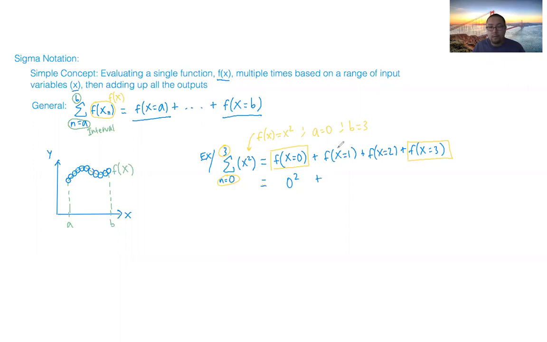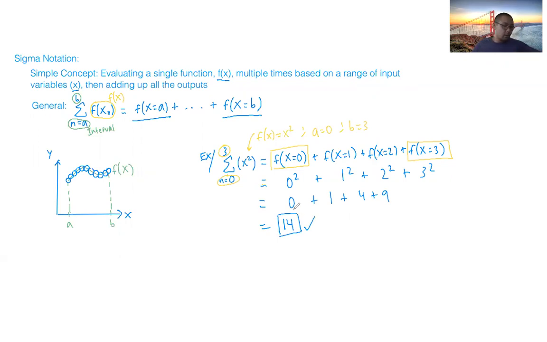Plus, evaluate at 1, so wherever you see an x, put a 1, 1 squared, plus evaluated at 2, 2 squared, plus evaluated at 3, 3 squared. Once we simplify, we get 0 plus 1 plus 4 plus 9, which gives us a whopping 14, and that's your final answer.